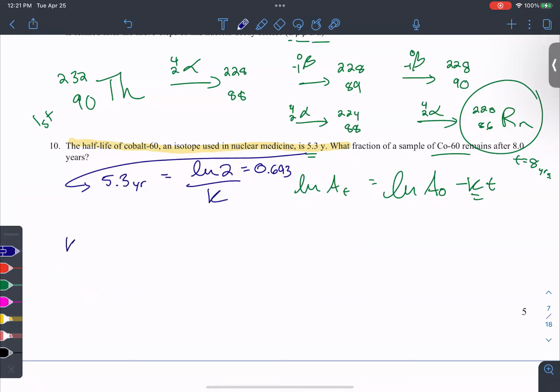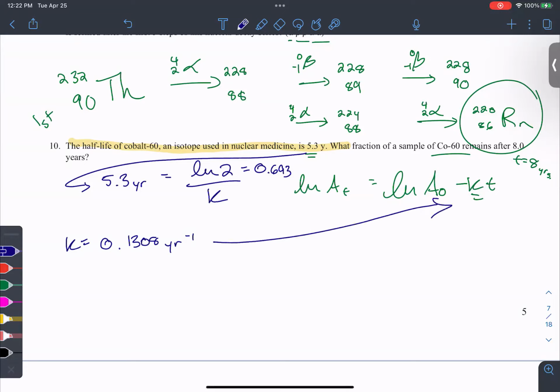All right, and so then if you calculate for what k is, because that's the value we actually put in our integrated rate law, we get k is equal to 0.1308 years to the -1, right? And then that's the value that we put into the integrated rate law.